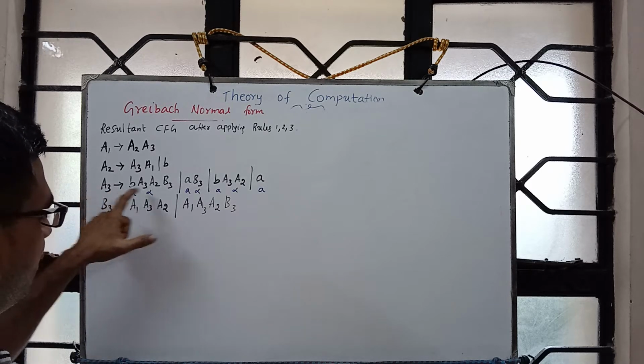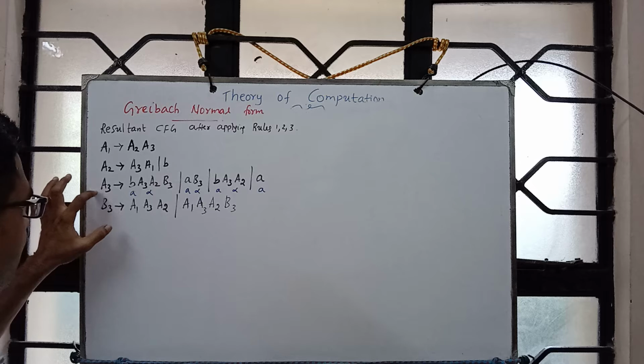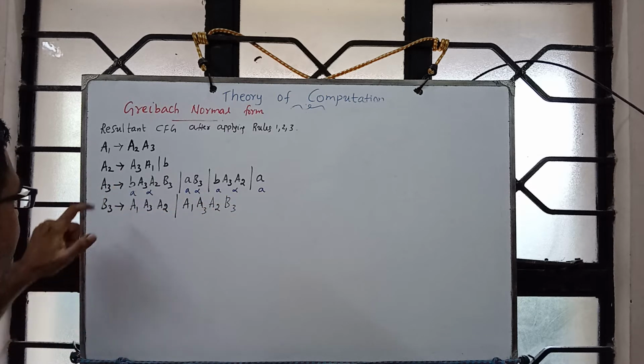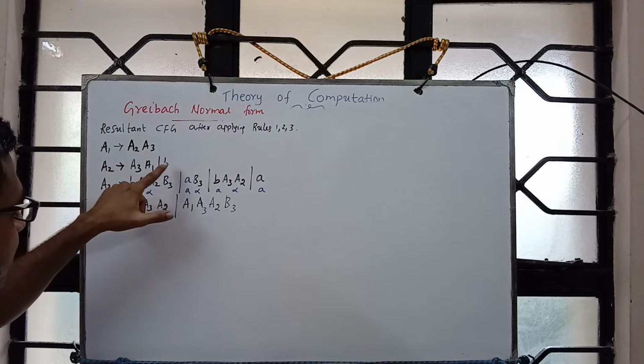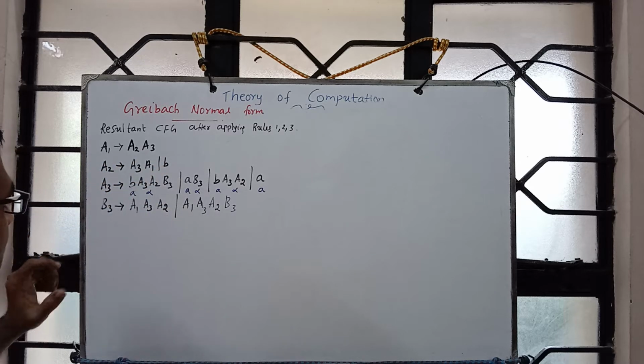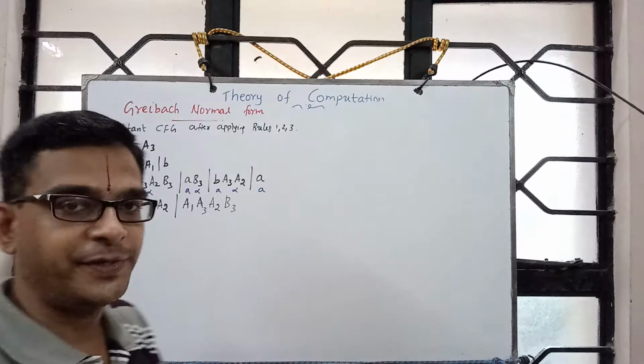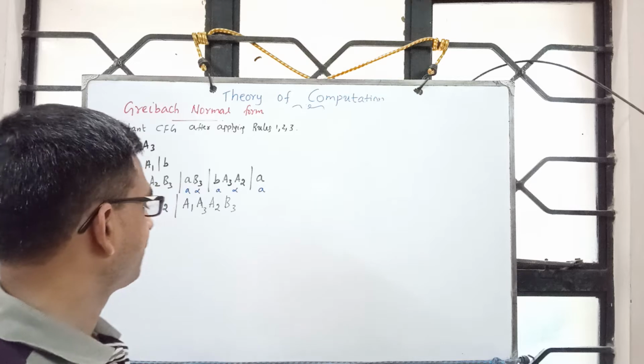So the productions starting with this have the GNF property. Similarly, A2 implies B. Now that we know this is in GNF, can we go for our simple substitution?